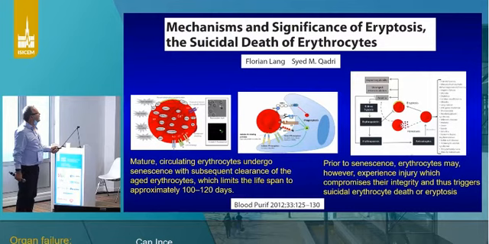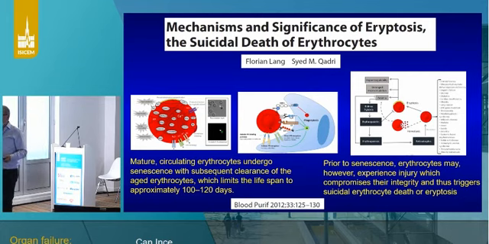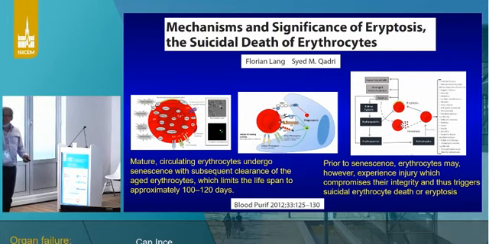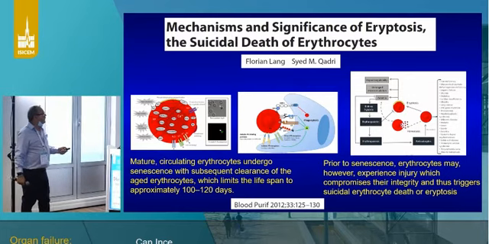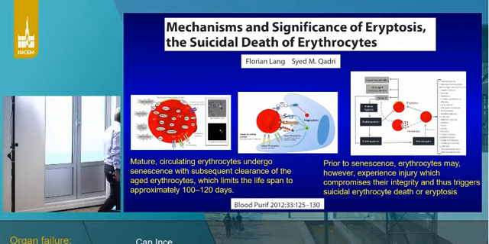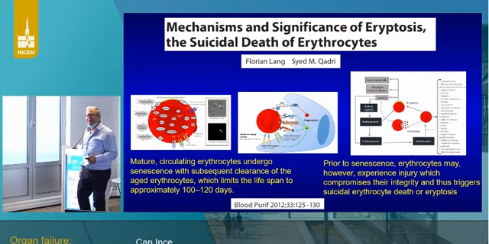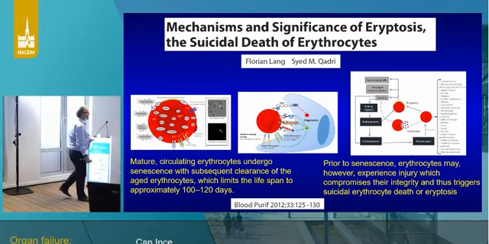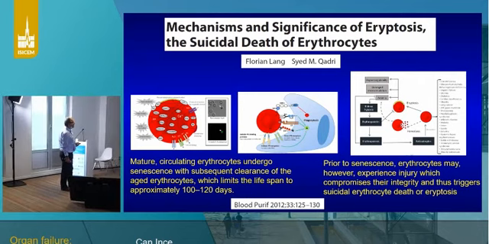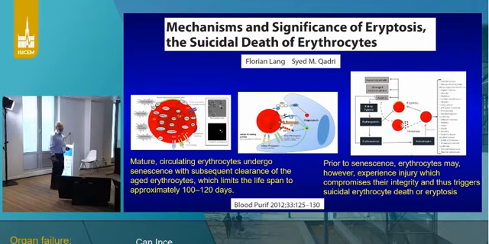It is called eryptosis, and at a certain point, if they have come towards the end of their lifespan, or they have been attacked by injury and are not functioning well, they will generate surface receptors, which are then recognized by the phagocytes, the monocytes, and the macrophages, and they will be internalized and taken out.